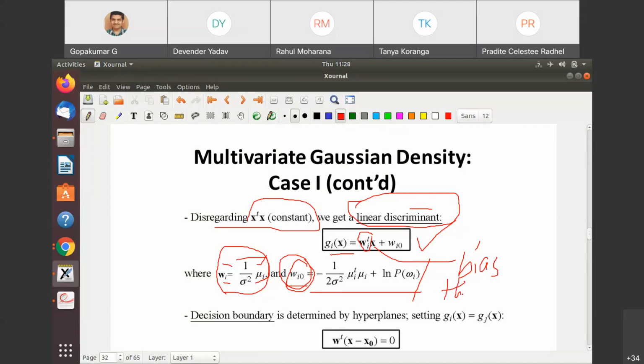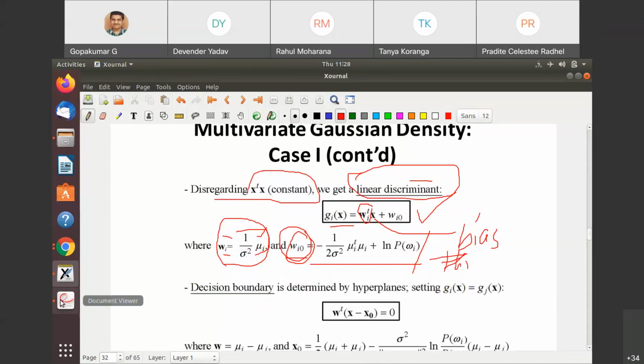Okay, so threshold or biases, these are the two terminologies maybe used to represent that particular quantity. So that is a bias or bias threshold. So that is a linear discriminant.